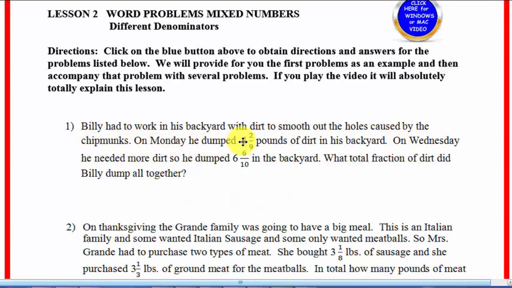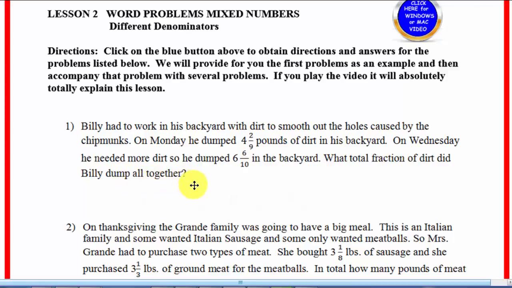On Monday, he dumped 4 2/9 pounds of dirt in his backyard. On Wednesday, he needed more dirt, so he dumped 6 6/10 in the backyard. What total fraction of dirt did Billy dump altogether?